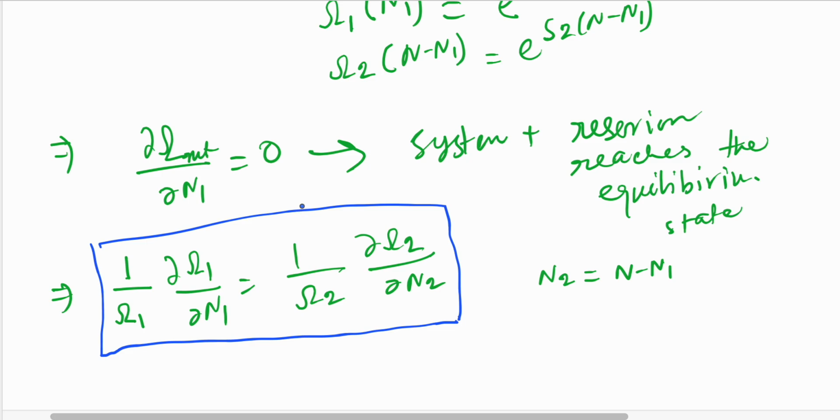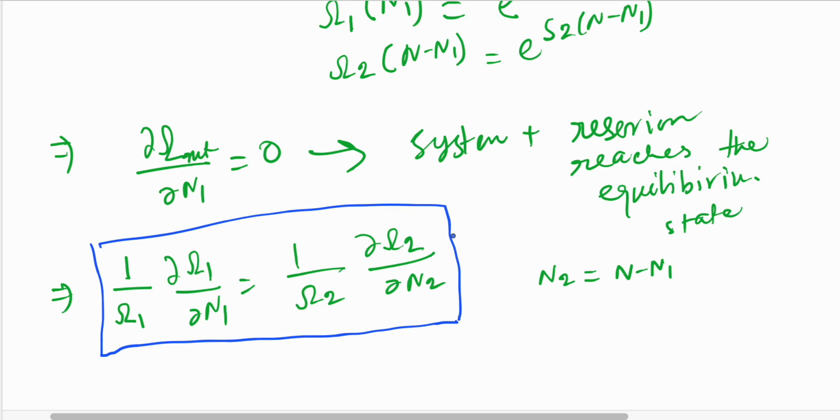Physically, when two systems which are allowed to exchange particles are in equilibrium, if the chemical potential of the system and reservoir becomes the same, then on average there will be no transfer of particles from the reservoir to the system.